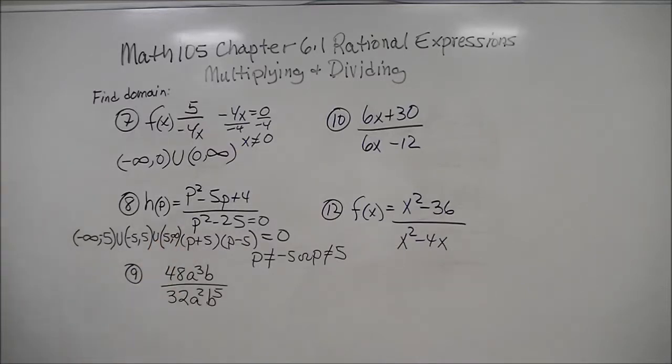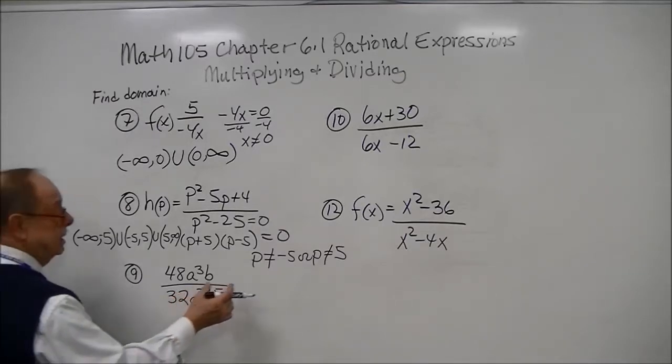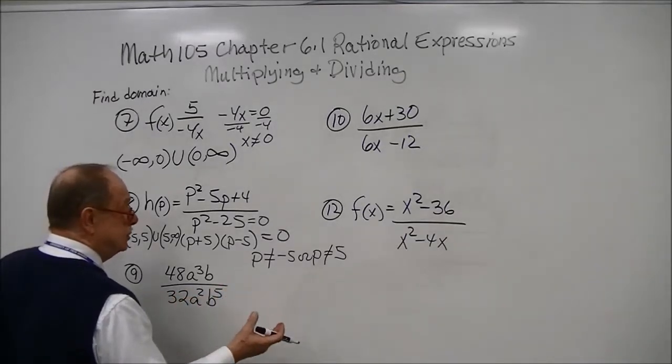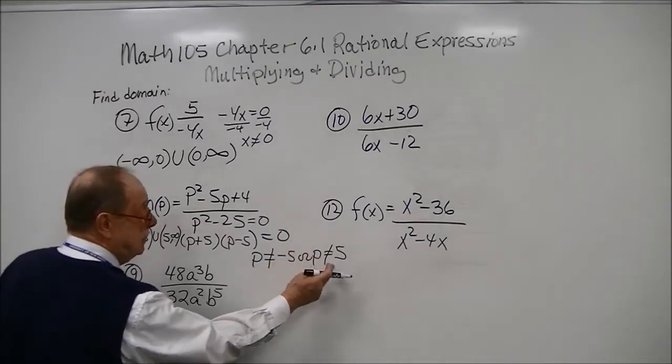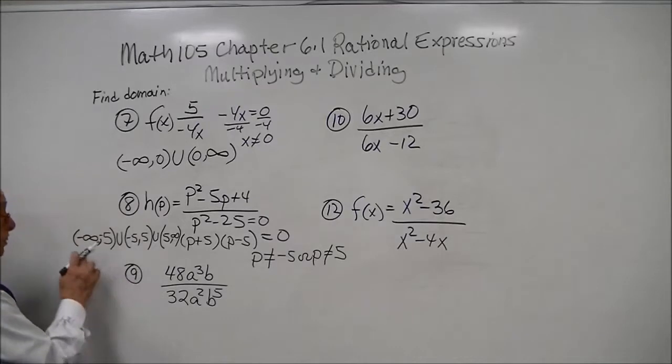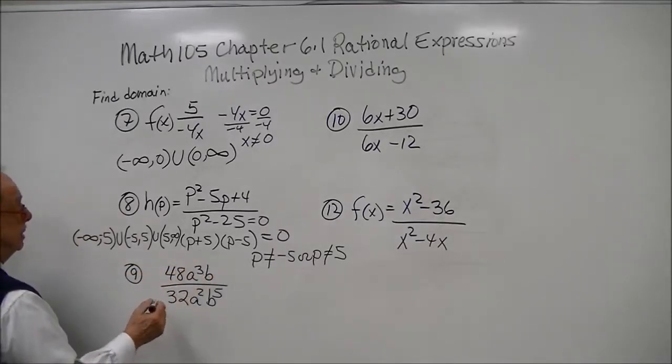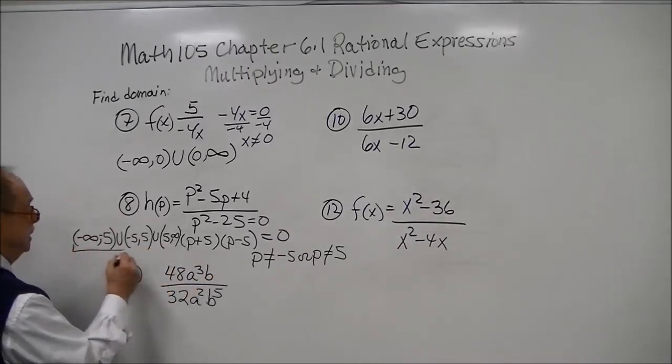Almost ran out of room there. So again, in other classes, the way we would write it is we just say that x cannot equal negative 5 or positive 5. To put it in interval notation, we'd have to use this method here.